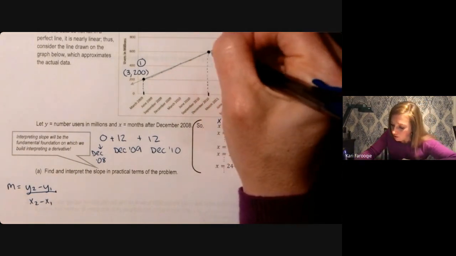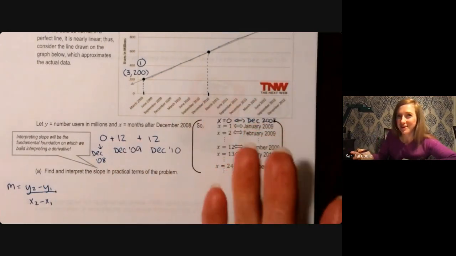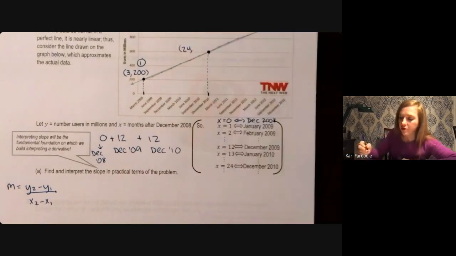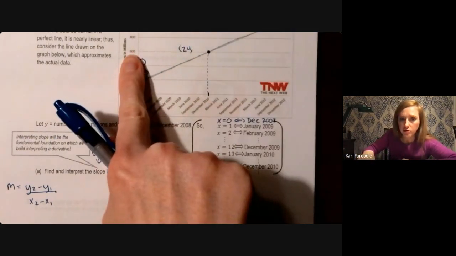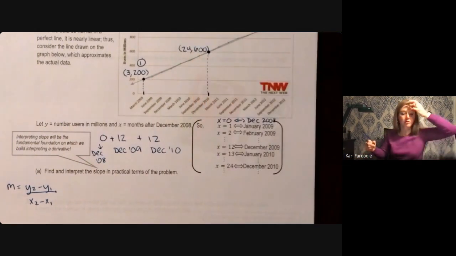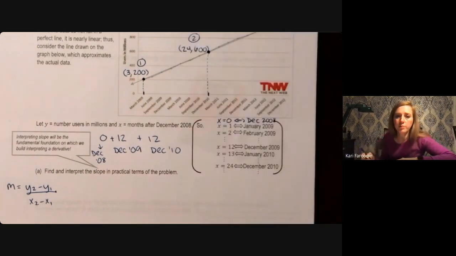All right, so that will be point 2 for us. We are going to say that it is 24. So 24 months after December 2008 would be December 2010. And then I'm going to take the y coordinate, which in this case is 600. So now I have 24, 600, and that will be the coordinates for point 2.